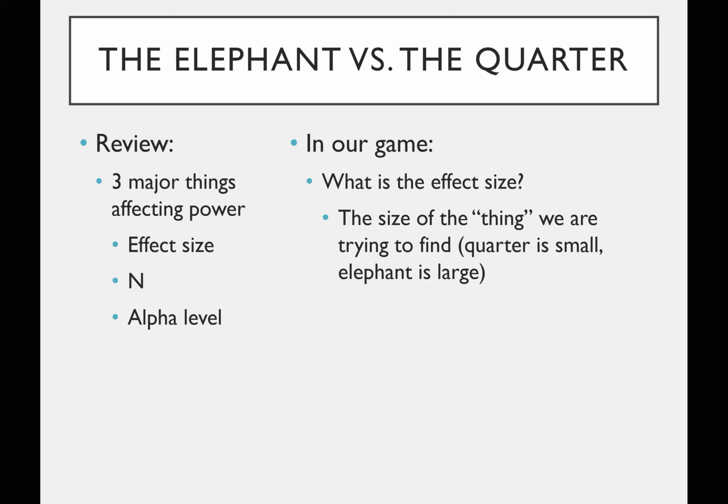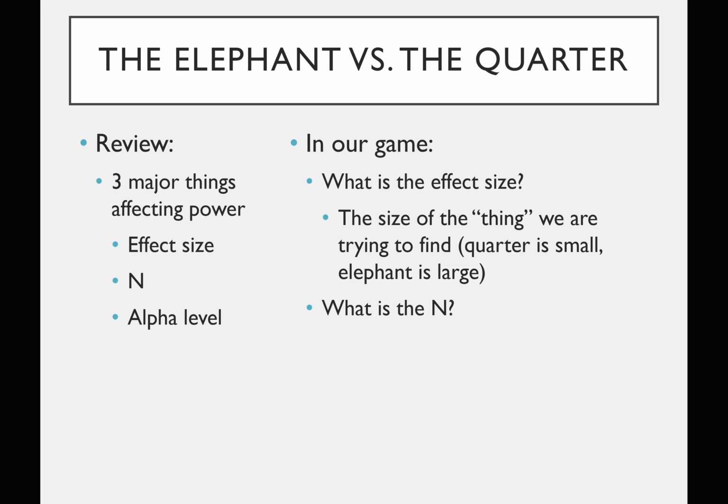It's the size of the thing that you're looking for. A quarter would represent a really small effect. There is something out there, it's just really, really small. So in that case, you're not going to be very likely to find it on your own. The elephant represents a really big effect size. You're very likely to find that guy.